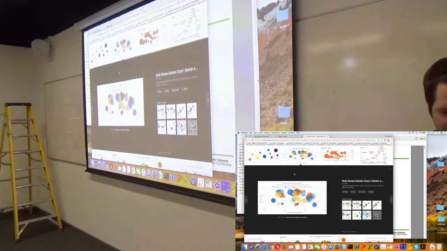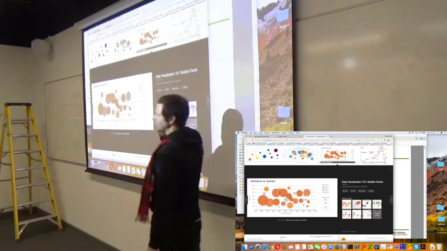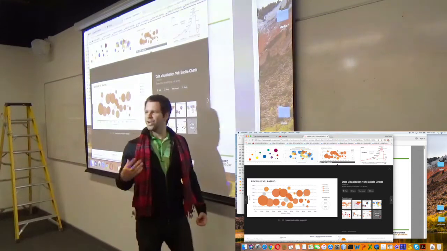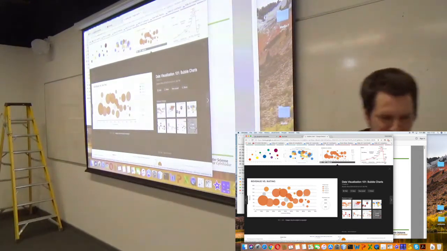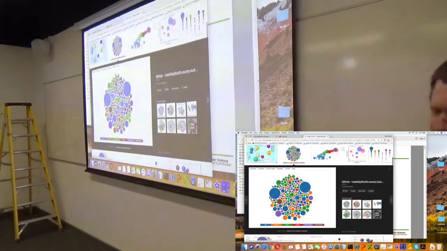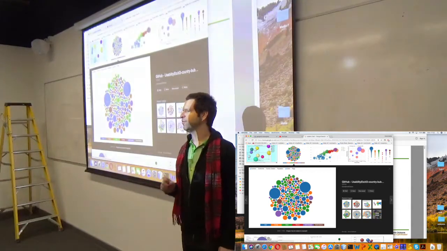Does that help, I hope? Here's another one. This one would be okay too, but this is not a standard bubble chart because it has two axes that encode useful and valuable information. The reason this one is not interesting is because the position of the bubbles does not convey any useful information.